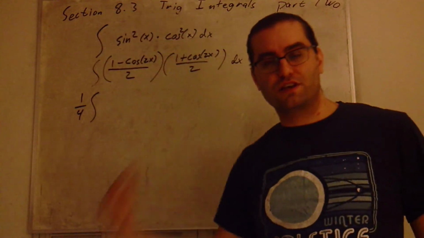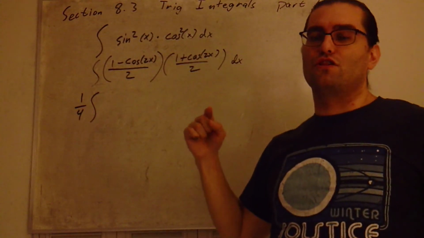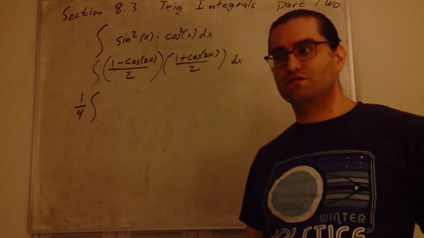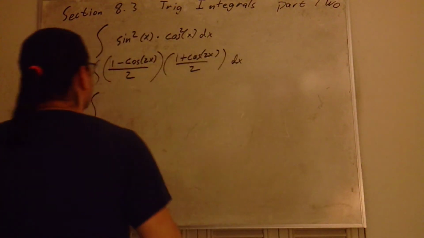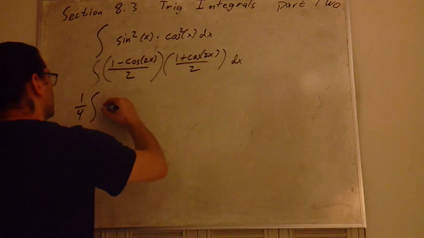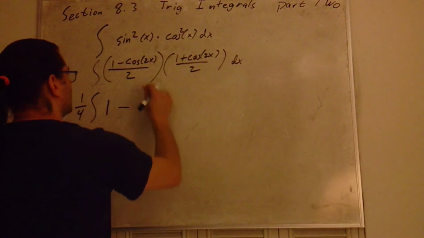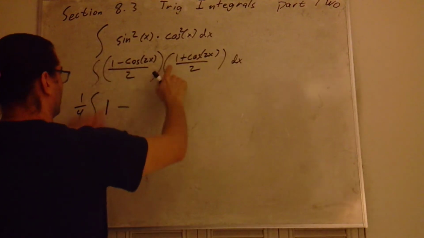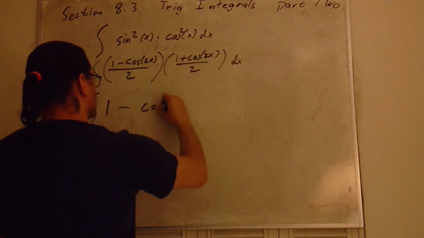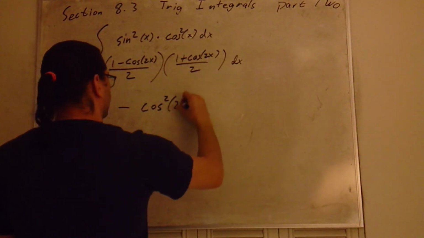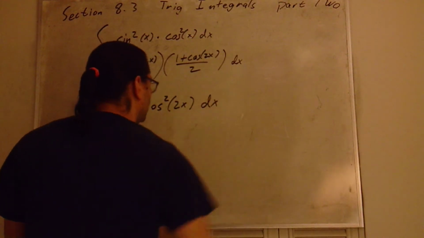We call those things conjugates. That's going to give me a difference of squares situation, so I'm going to skip most of these FOIL-y steps. I know I'll get the product of the first ones minus the product of the second ones. So 1 minus the cosine squared of 2x.